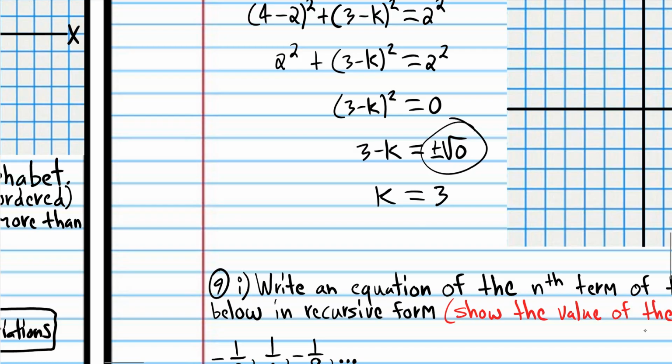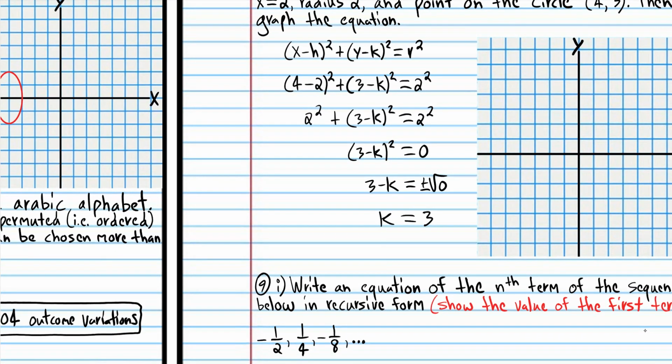The square root of 0 is just 0, and plus or minus 0 is just 0. So the only solution will be 3 for k. So now we're done. We can just write the standard form of the circle. Two squared is 4.